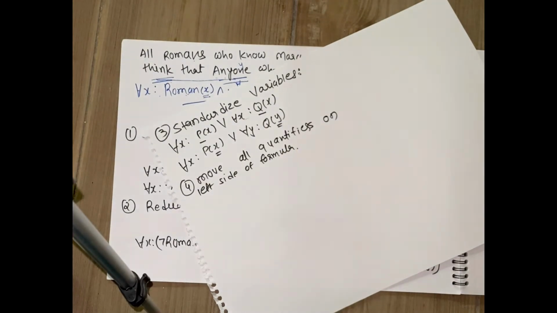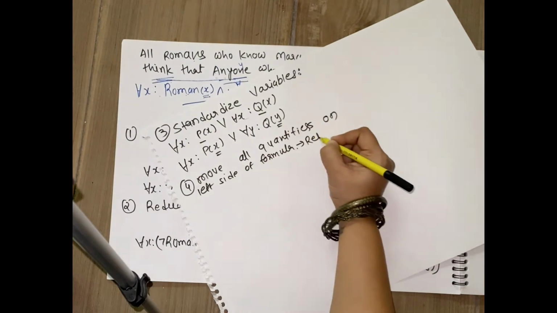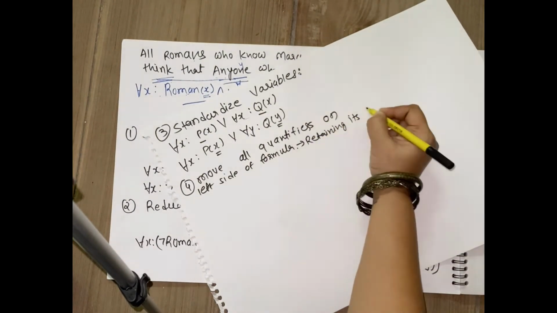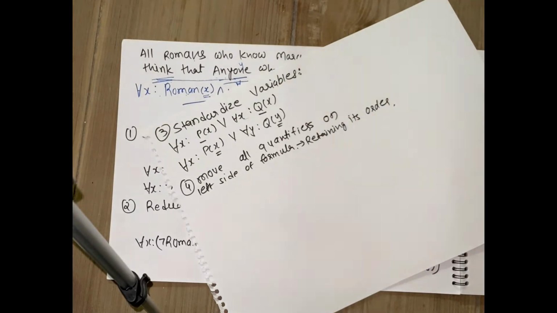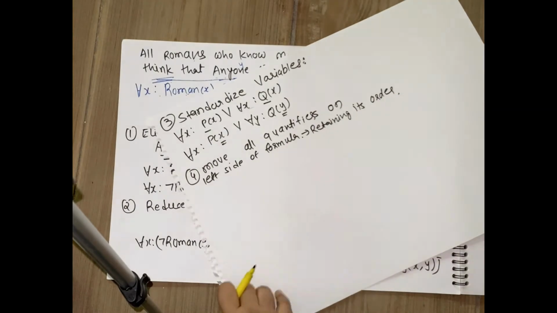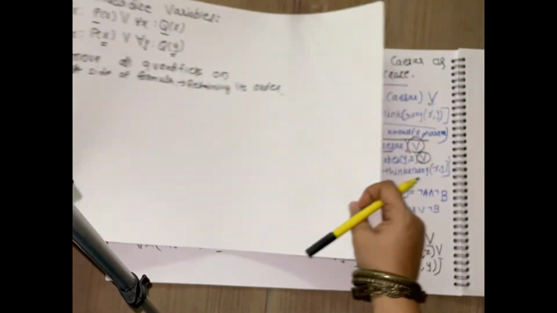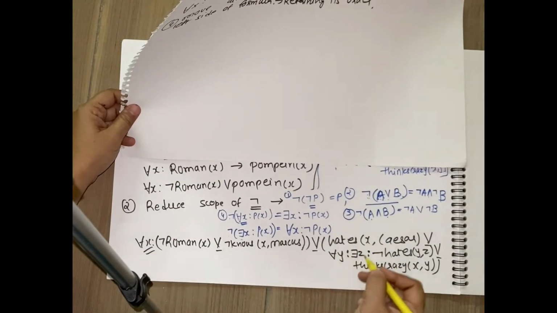Move all the quantifiers to the left hand side of the formula, retaining their order. So retain the order and move them to the left. Which quantifiers do we have here? We have for all x, then for all y, and there exists z.